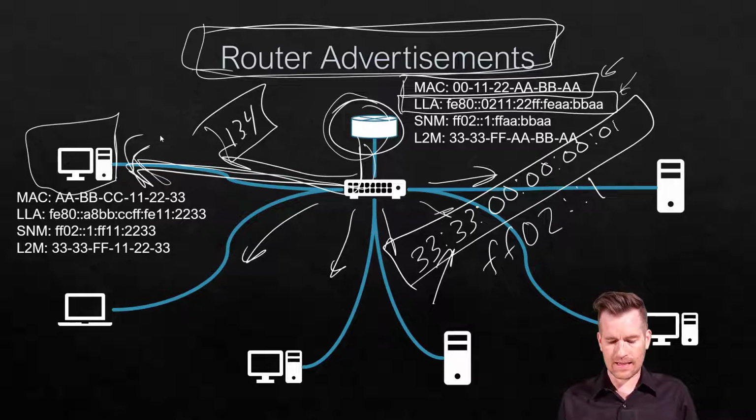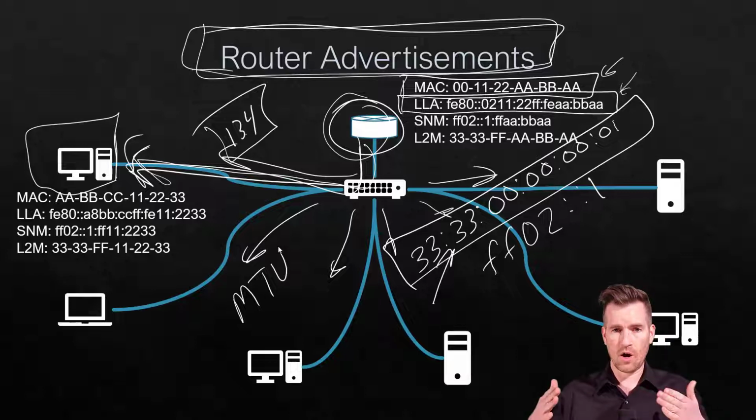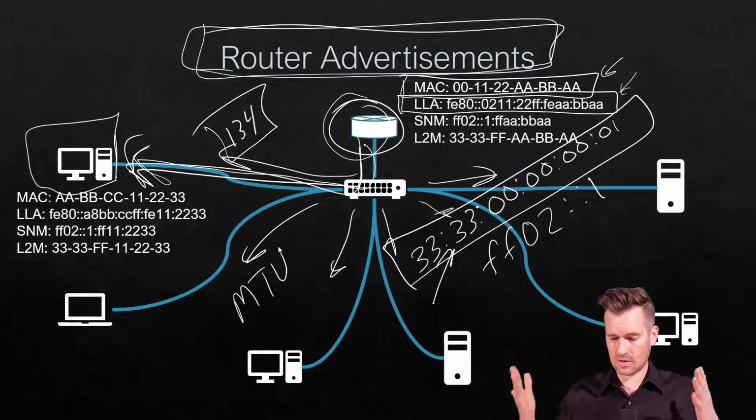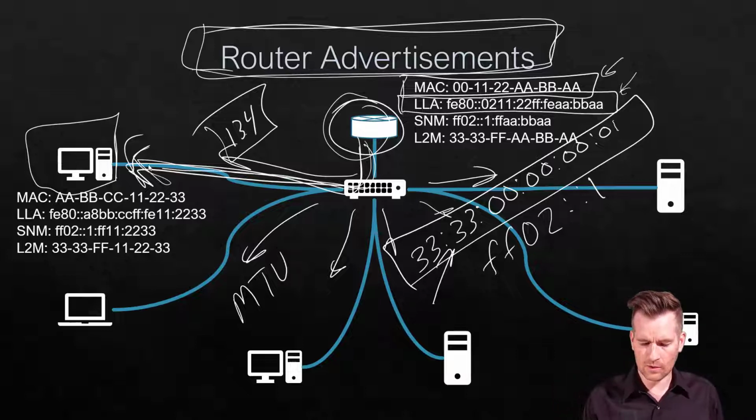Another thing that could be sent out is something like the MTU, or the maximum transmission unit. So devices on the network know about how big the packets are supposed to be, or the maximum size of those packets, what it cannot go beyond. If there's some sort of route information that needs to be sent out, it will send out route information.